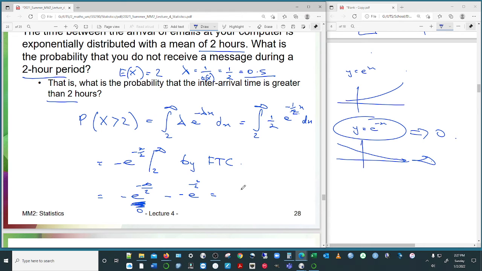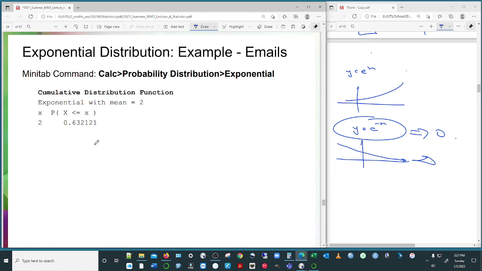Okay, so in this case here, that's 0, so 0 minus e to the minus 1 is simply 1 on e, which approximates to 0.3678. So again, we're able to work out the exponential. So we can use this with R. So our R command is very simple.